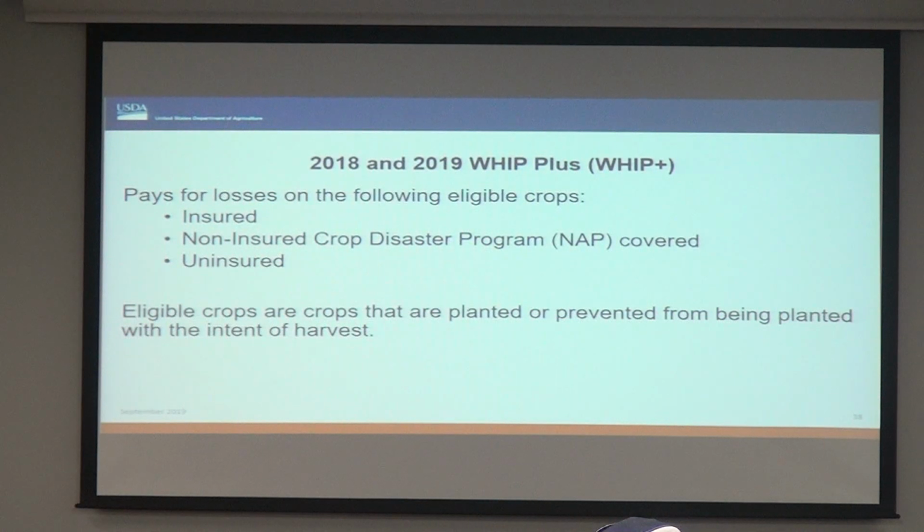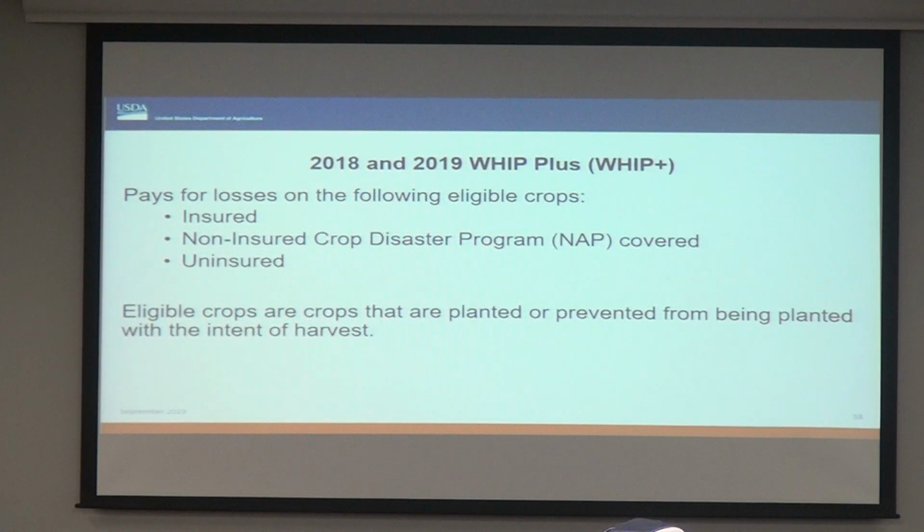And what the program pays for is insured crops and non-insured crops that would be covered under FSA's NAP program, because NAP is offered if crop insurance does not offer insurance in a county on the crop. Then FSA could sell insurance to cover that commodity, which we do a lot of vegetables through our NAP program.